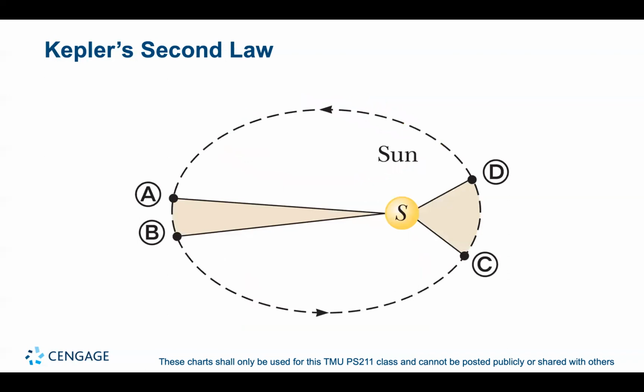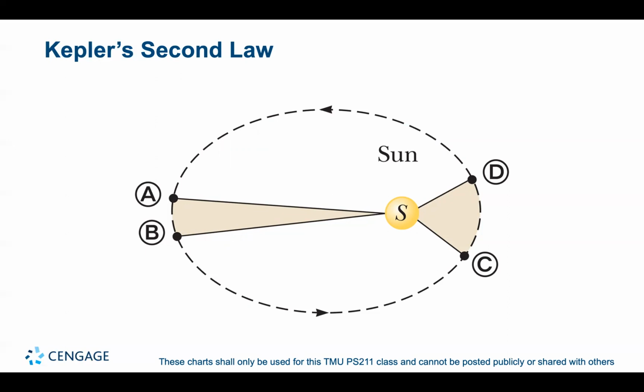Here we have Kepler's second law. The two areas swept out by the planet in the elliptical orbit around the sun are equal if the time interval between points A and B is equal to the time interval between C and D. It almost would be better if I had an illustration to show this, and if I have time, I can do that offline.